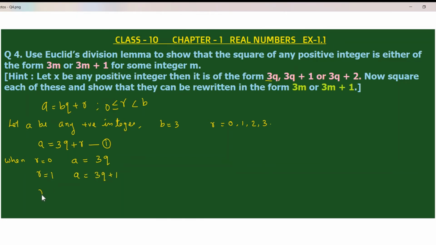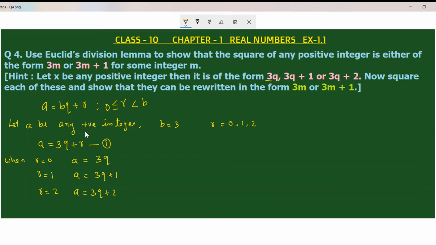When r is equal to 2, here it should be up to 2 only, because b is 3, so r should be less than b, so it is 2. So when r is equal to 2, then a equals 3q plus 2.